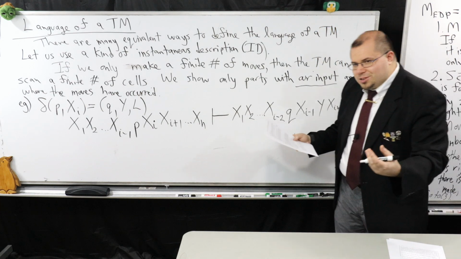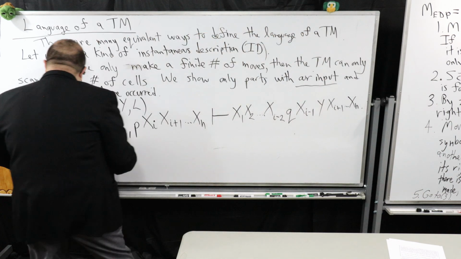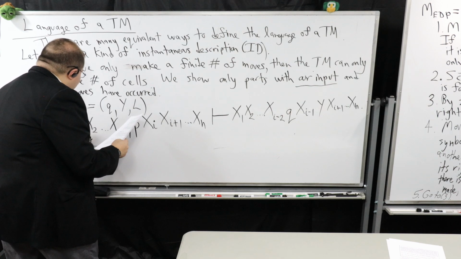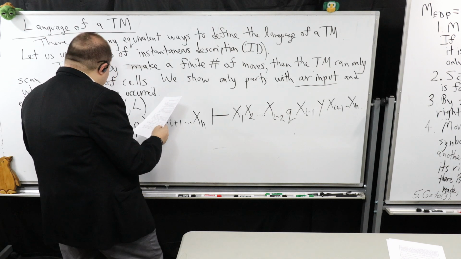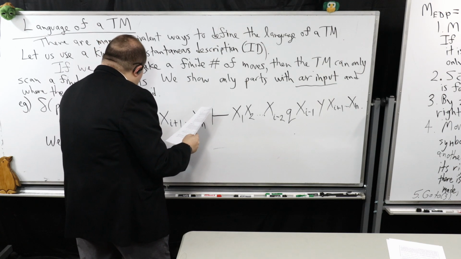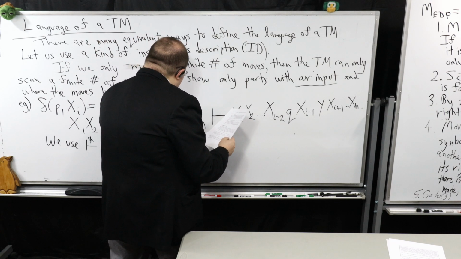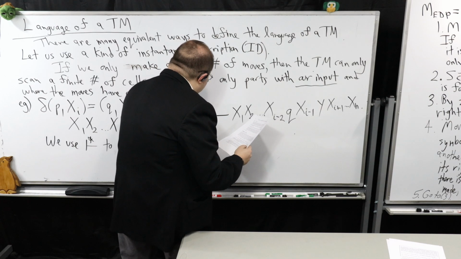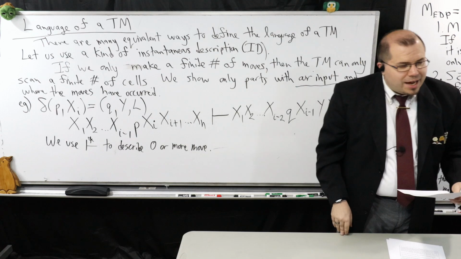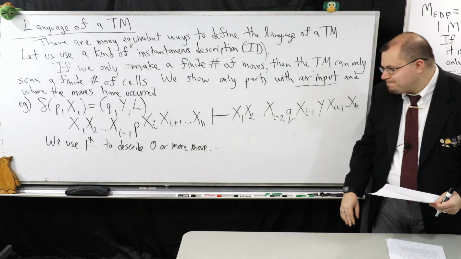Naturally, I can always tell you that I also use the same notation as I did for the PDA to describe zero or more moves. So these instantaneous descriptions are most certainly just like how we used them with the PDA.